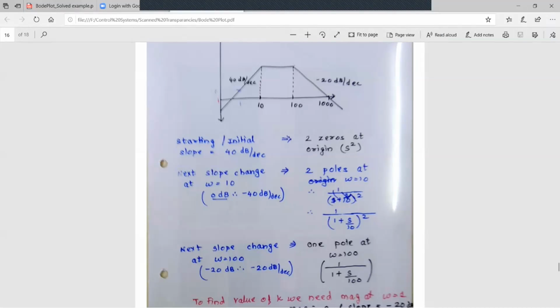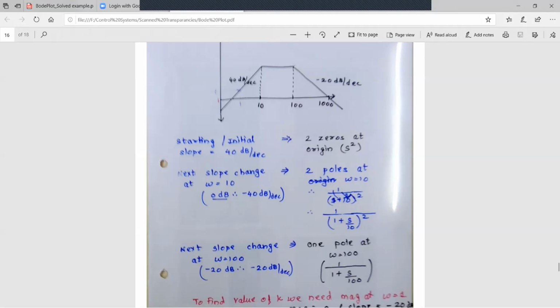Now, from the Bode plot, the initial slope of the gain plot is always determined by the poles at origin or zeros at origin, up to the first corner frequency. Now in this case, how much is the initial slope that we have? 40 dB per decade.